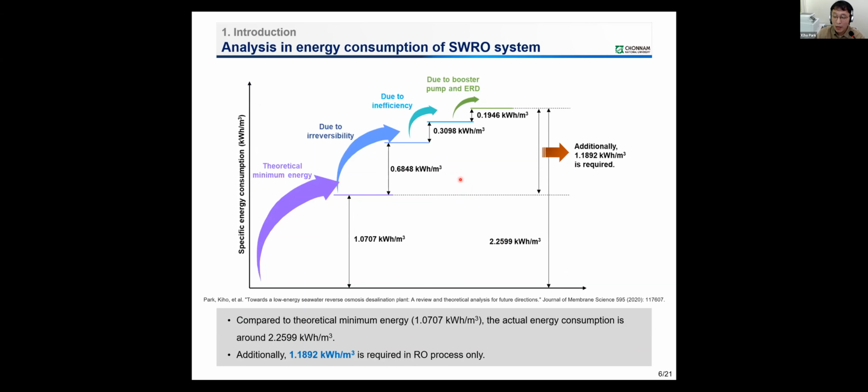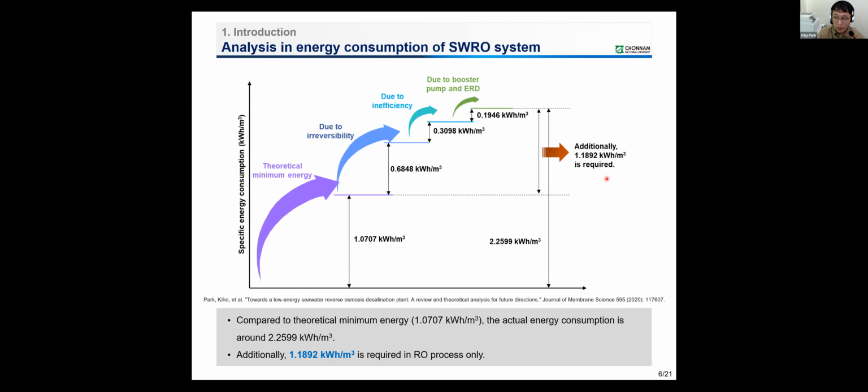To reduce the energy consumption further, we have to think about the current energy consumption in SWRO systems. This is the simulation result and breakdown data. Compared to the theoretical minimum energy, the current energy consumption is 2.26 kilowatt hours per cubic meter, and the additional energy consumption compared to the theoretical minimum is about 1.19 kilowatt hours per cubic meter.